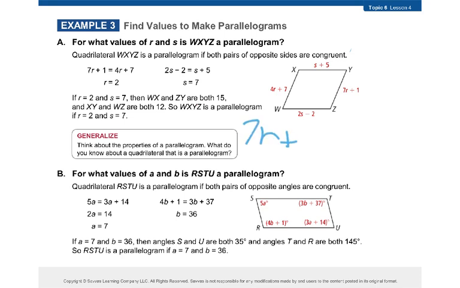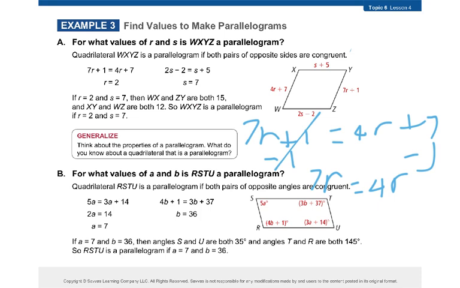Alright, so again, 7r is equal to 4r plus 7. Get rid of 1: 1 minus 1, cancel. So 7r is equal to 4r, and 7 minus 1 is 6. Combine r by subtracting 4r.